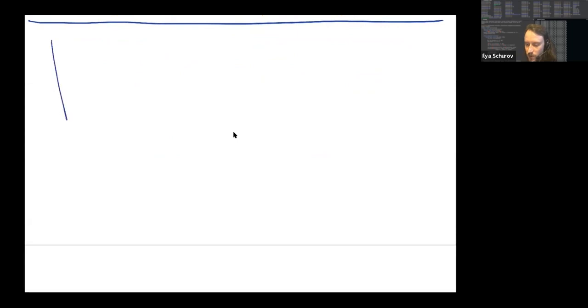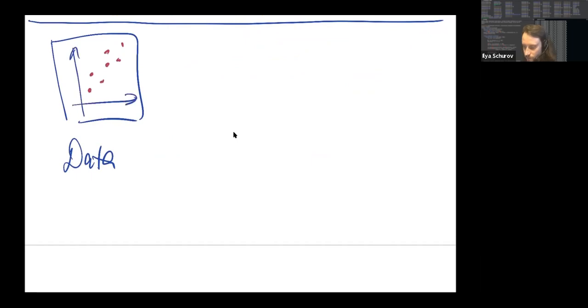So basically, we have data, some points. Then we fit a straight line to our data.